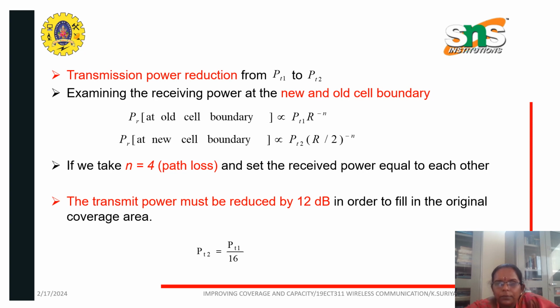A study shows that for the old cell boundary, your power is PT1 into R power minus n, where n is the path loss component. And for the new cell boundary, it will be PT2 into (R by 2) the whole power minus n. So when you consider n equal to 4, you'll get PT2 equal to PT1 divided by 16.